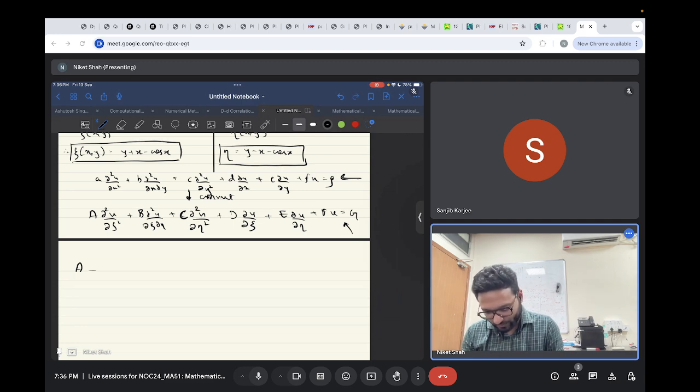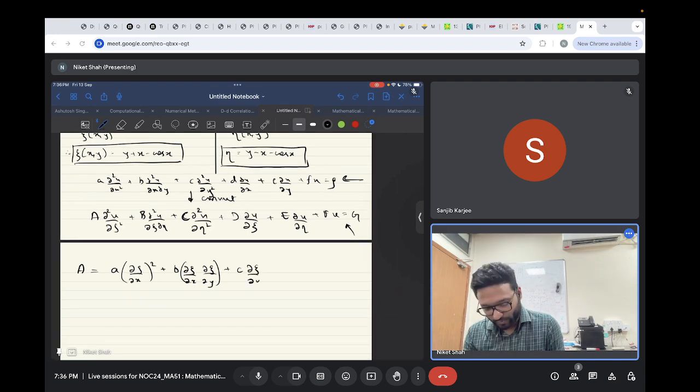There are standard expressions. Sir has given these standard expressions, which I'm going to copy from sir's notes. Okay, so capital A is small a into del zeta by del x the whole square plus b del zeta by del x del zeta by del y plus c del zeta by del y the whole square.